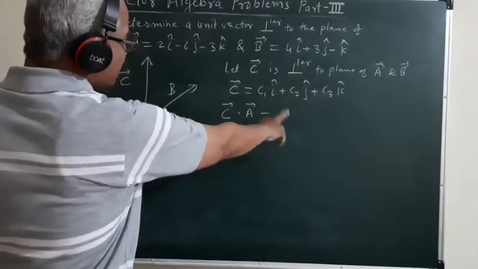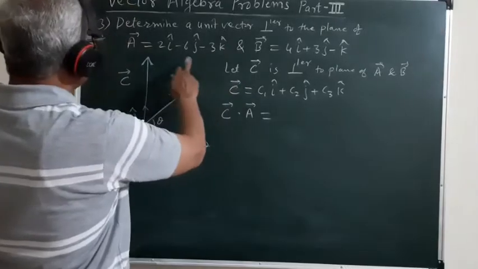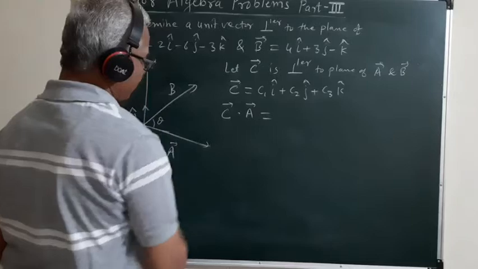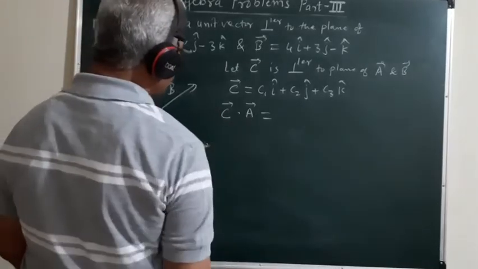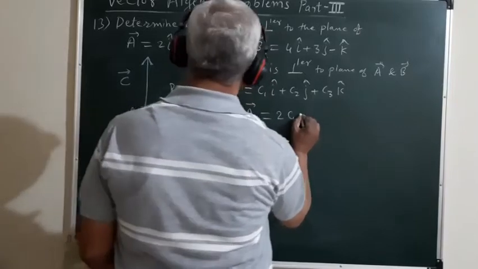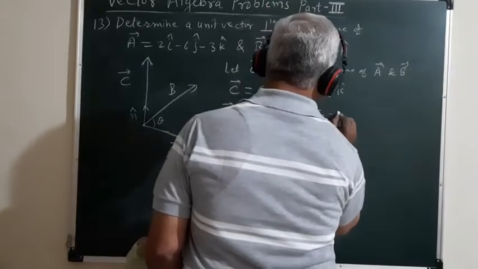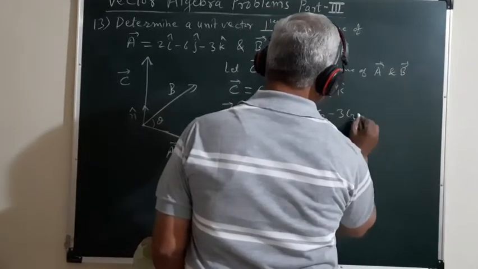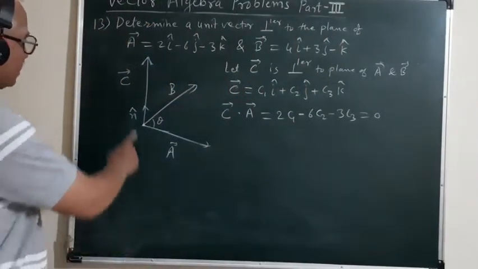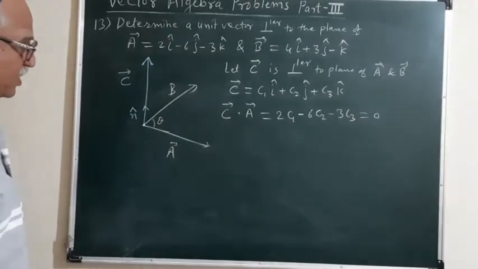The vector C bar is expressed as C1 i cap plus C2 j cap plus C3 k cap, and the vector A bar is expressed as 2 i cap minus 6 j cap minus 3 k cap. So the dot product of C bar with A bar will be 2C1 minus 6C2 minus 3C3, and this must be equal to 0 because the vectors C bar and A bar are perpendicular to each other.